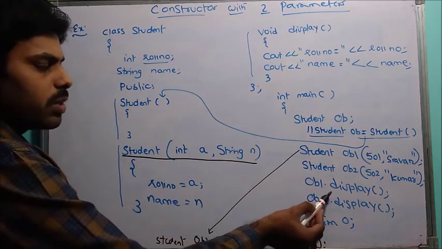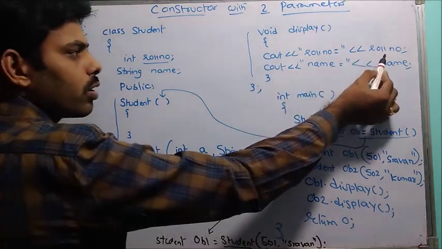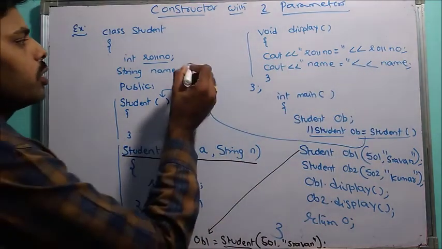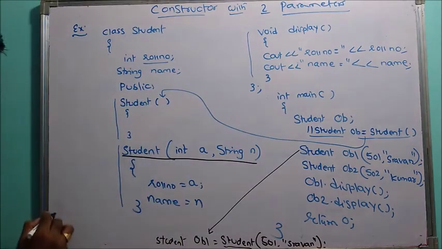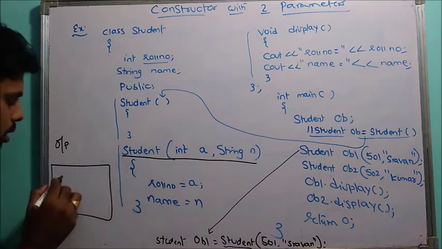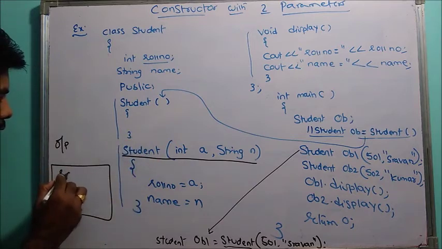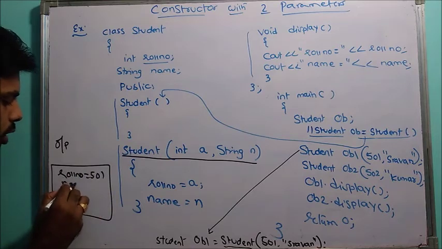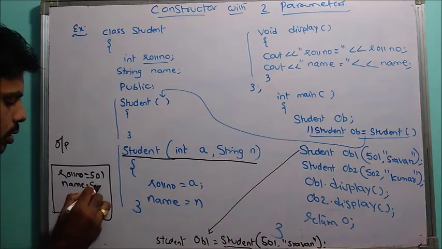After that, I am calling the display function, cout roll number equal to 501, name equal to Shravan, like that. So what is the output? The output is, first one, roll number equal to 501, name equal to Shravan.